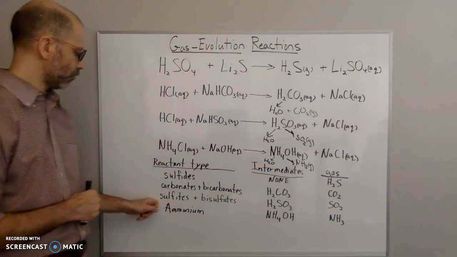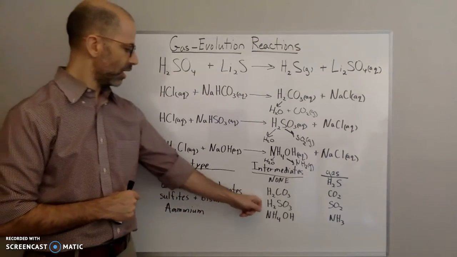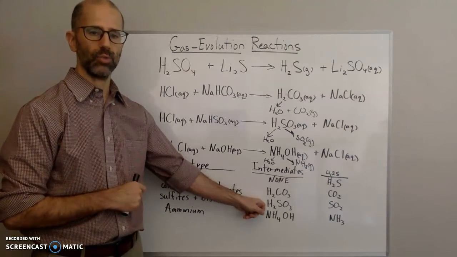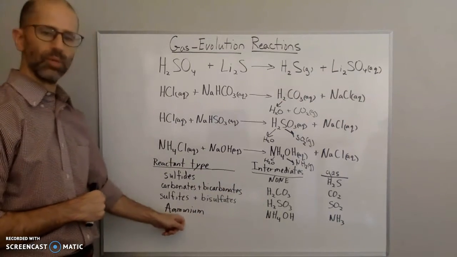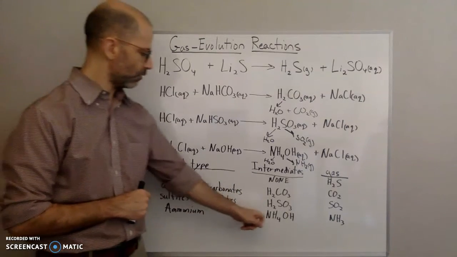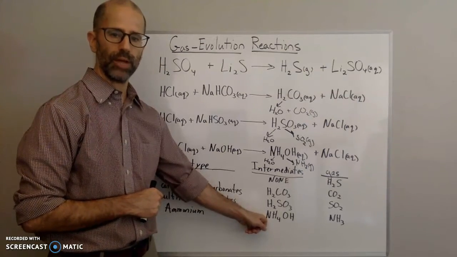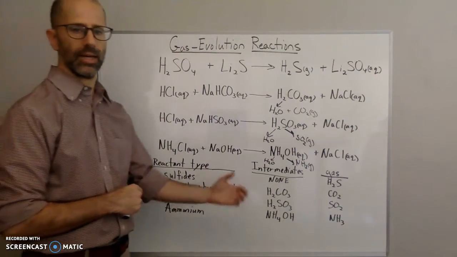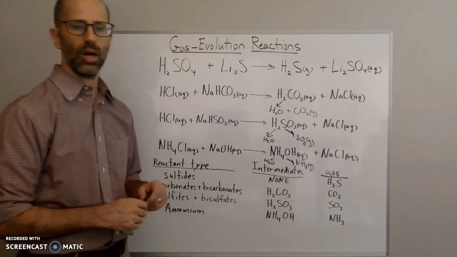If you have a sulfite or bisulfite as part of your reactant, then be on the lookout for sulfurous acid. That's going to break down into water and sulfur dioxide gas. And if you have something with ammonium in it, be on the lookout for NH4OH. If you form the ammonium hydroxide, that's going to form your ammonia. Again, it's water and the gas, so you take out water and you get leftover ammonia.